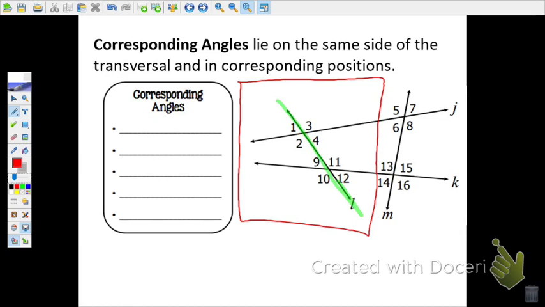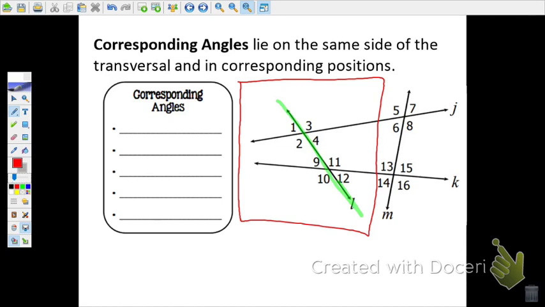So we take one from the top group, one from the bottom group. What I like to think of for corresponding is they are in exactly the same location of that intersection point.